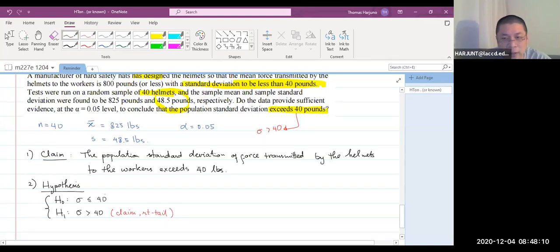Because it's greater than a constant. If it is greater than a constant, then you need to come up to a test statistic strictly greater than a certain number. Okay? It's greater than means the tail will be going to the right.